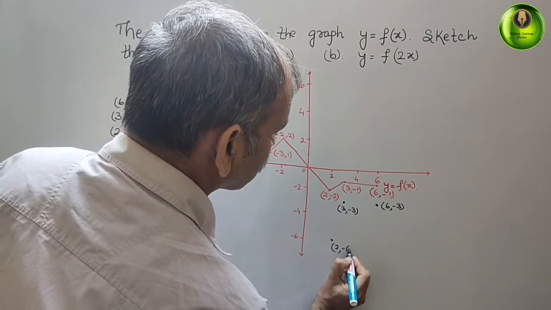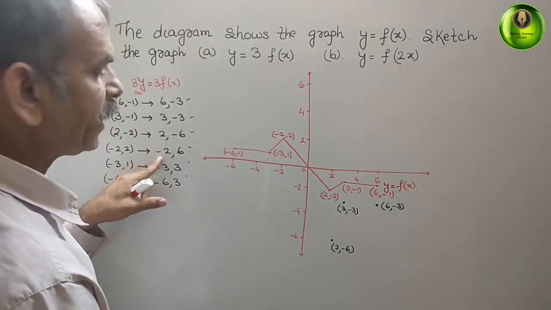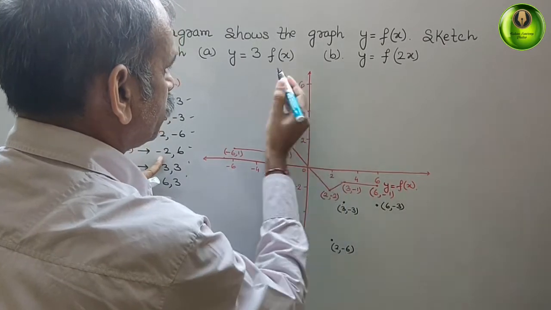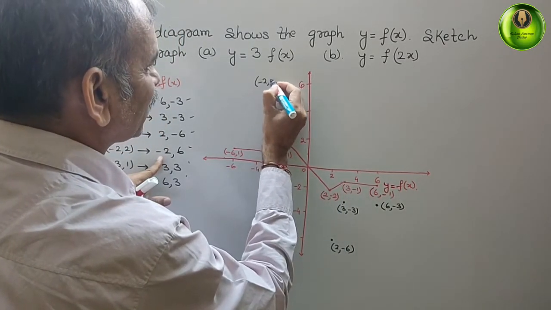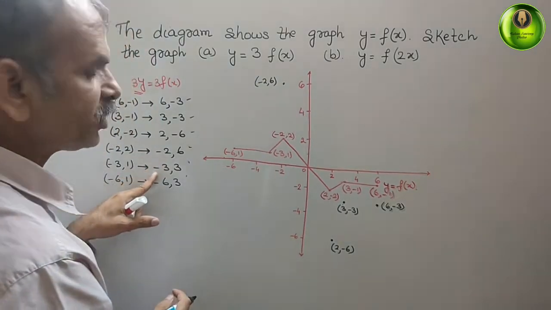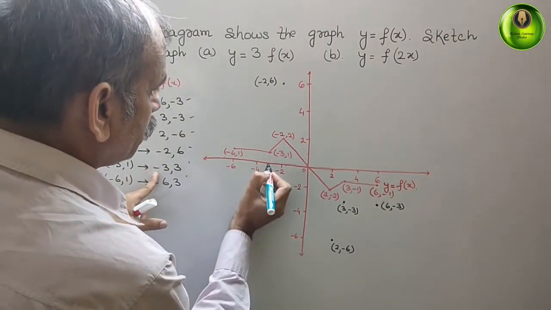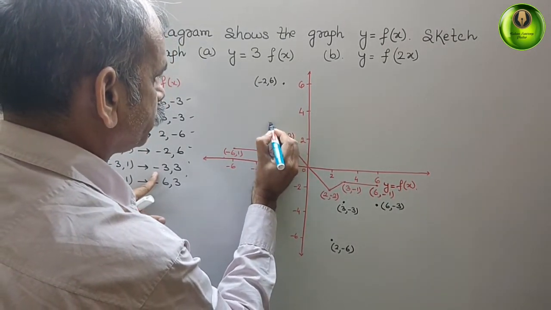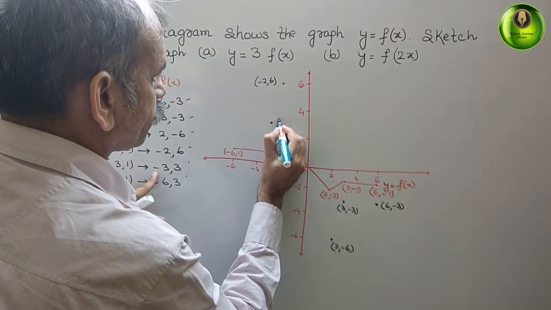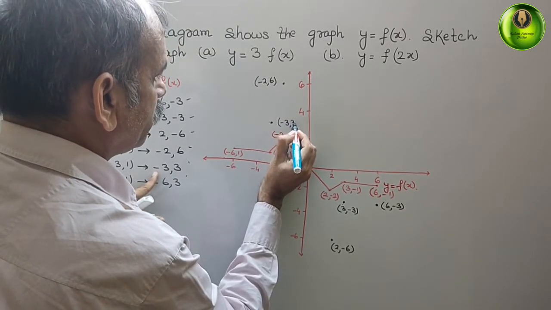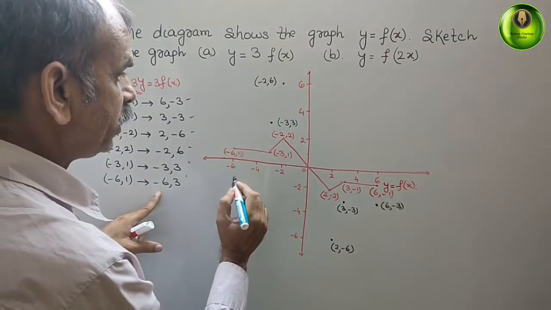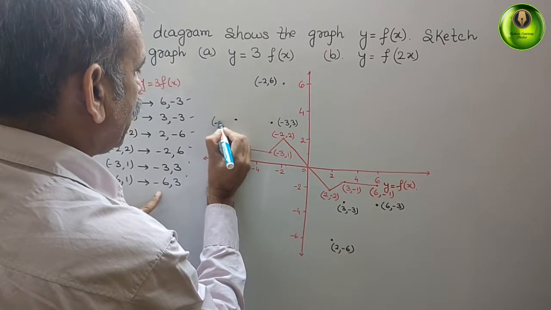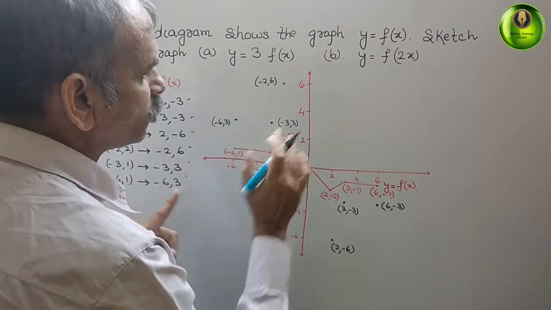Next, minus 2 comma 6. Minus 2 is here, 6 is here. So it will be minus 2 comma 6. Next, minus 3 comma 3 is here. Next comes your minus 6 comma 3. Minus 6 comma 3 is here. Now join these.